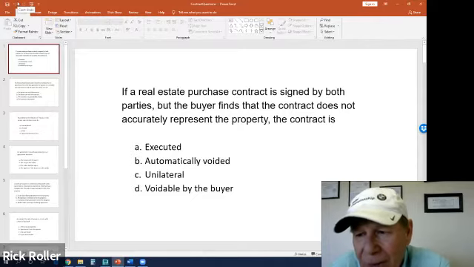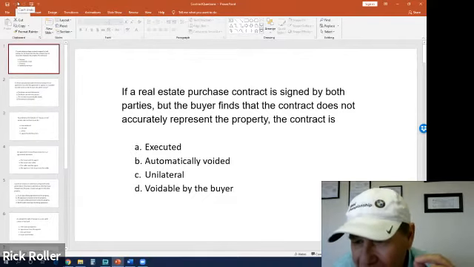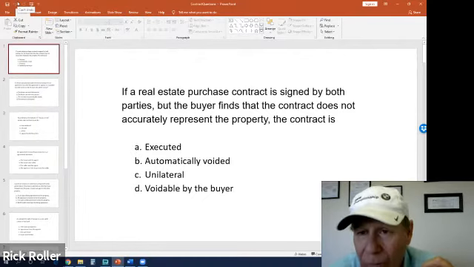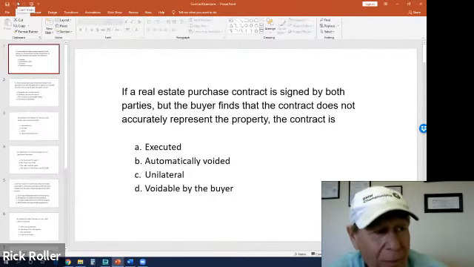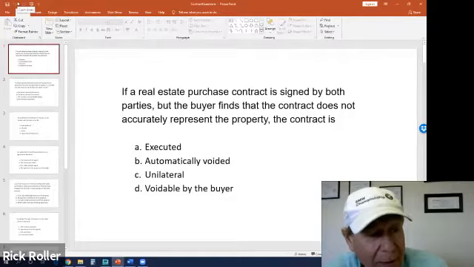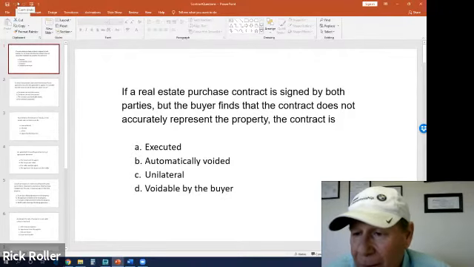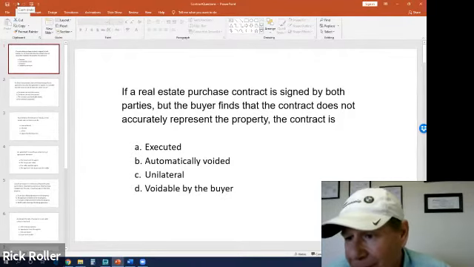But wait a minute, she lacks capacity. She's not 18 yet. So now we have a contract that, is it valid? No, because one of the essential elements was not completely there, the element of capacity, right? In the one we're looking at first here, which essential element was lacking? Well, mutual agreement, probably, right?